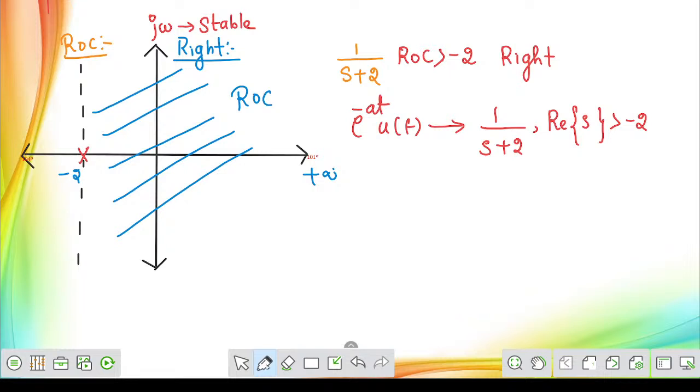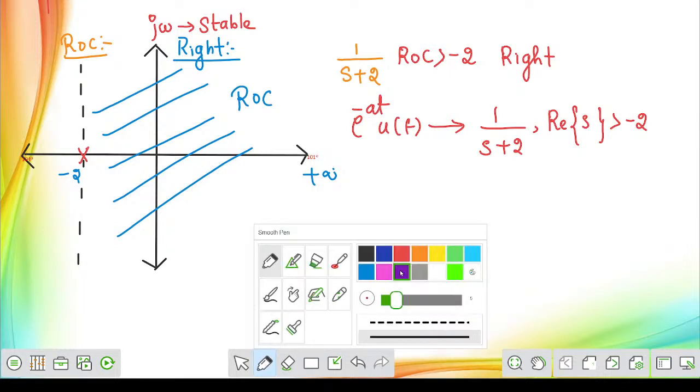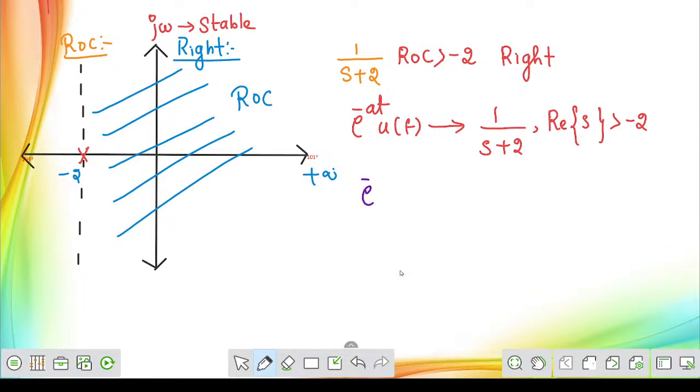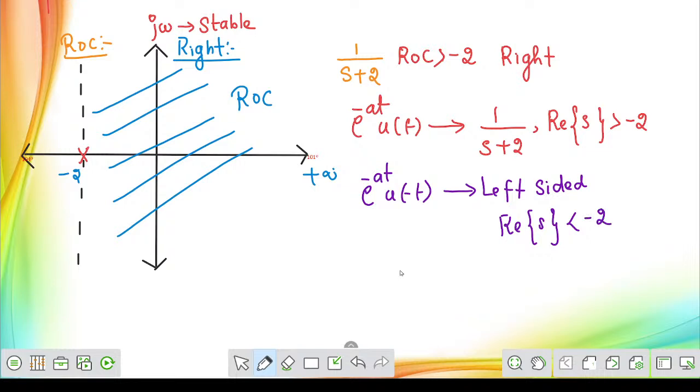Now, if the same signal is given on the opposite side, like e power minus at, but in the opposite direction, u of minus t, then that signal is treated as a left-sided signal. In that case, the real part of s, or region of convergence, is going to be less than minus 2. Then what will you have to do, sir?